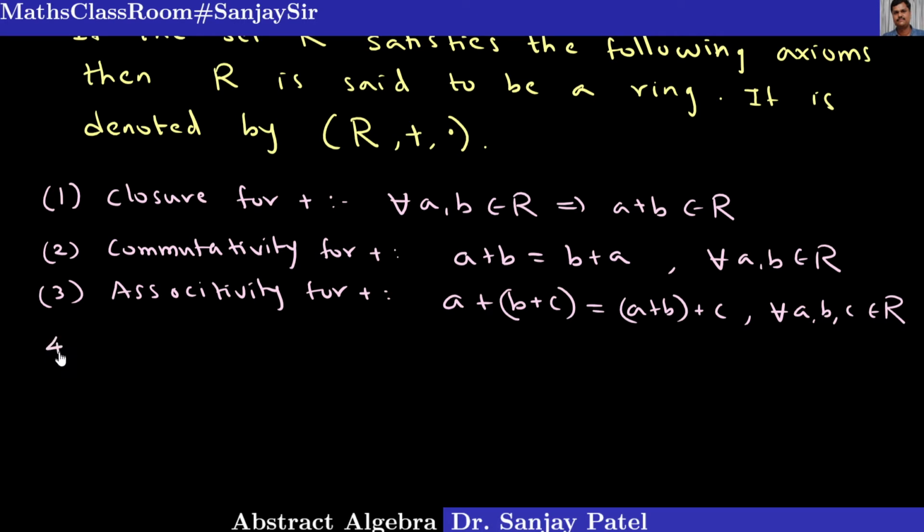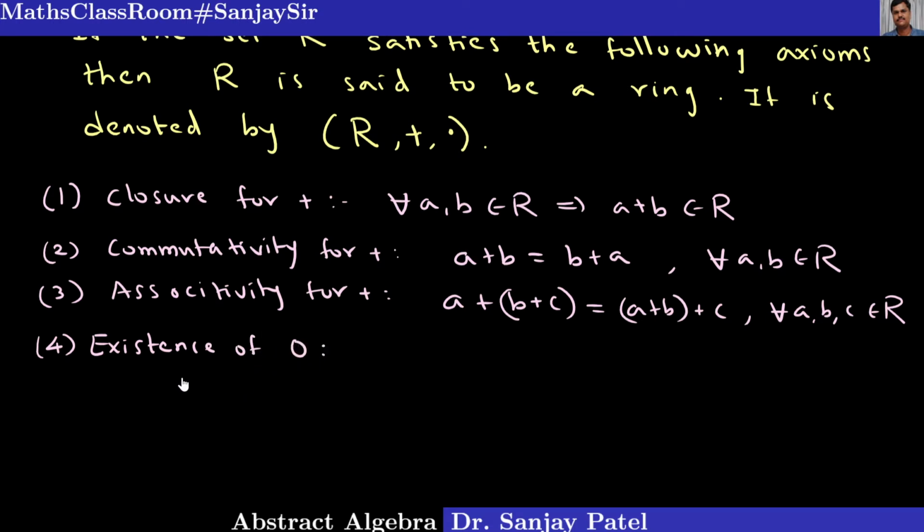The fourth condition is the identity element for plus. So we can say existence of identity element, which is known as zero element. So existence of zero.